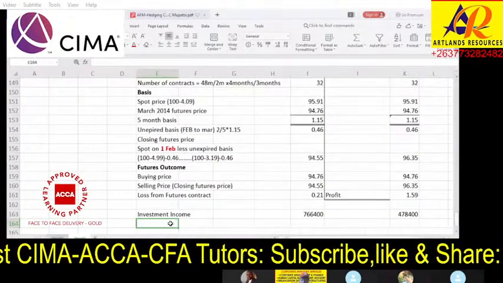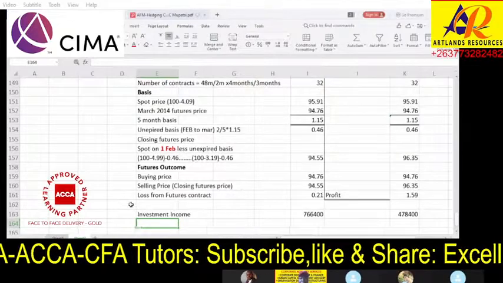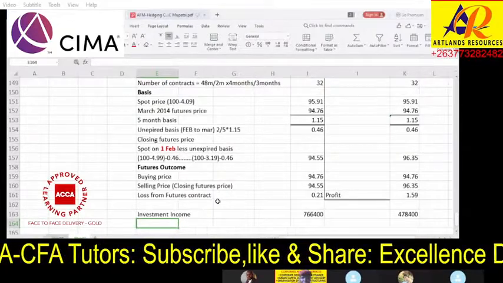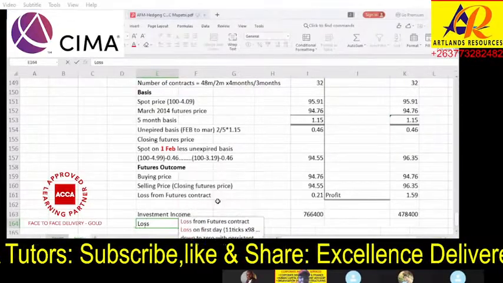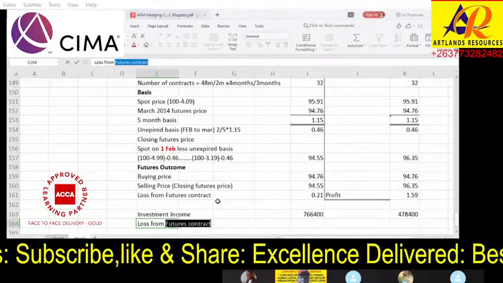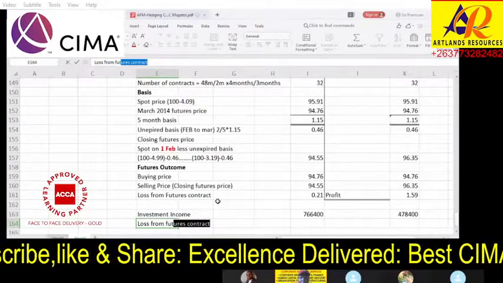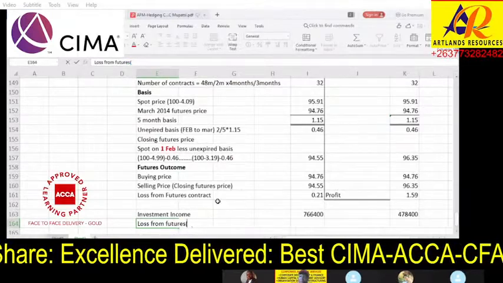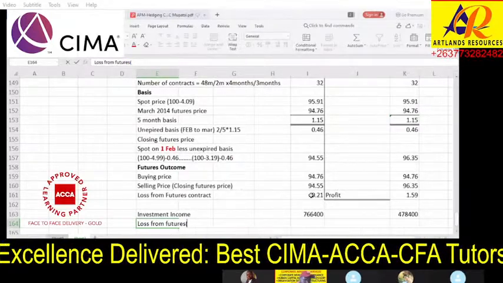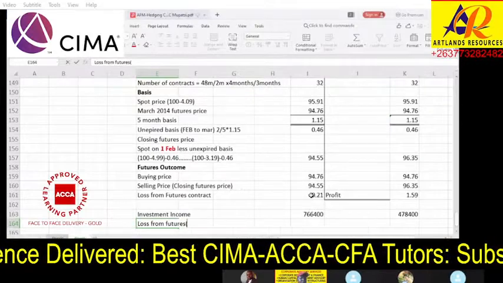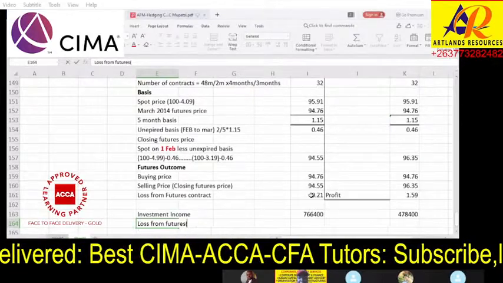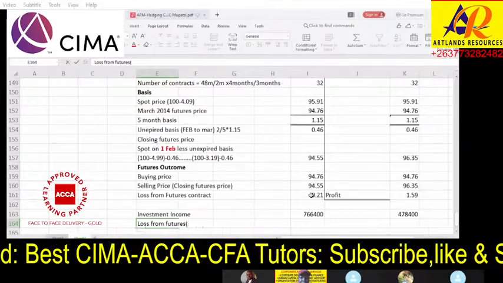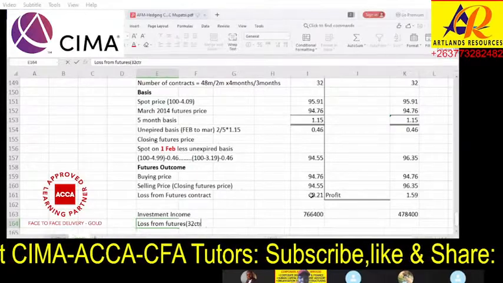Now, you then realize you made loss from futures contract. You say loss from futures. How do you calculate the loss? This loss is not money, it's interest rate. So you say, how many contracts do you have? You have 32 contracts.